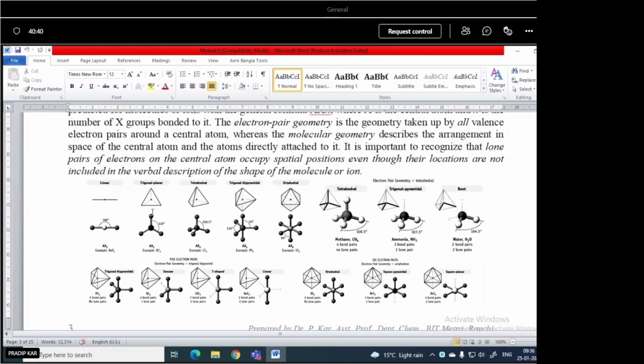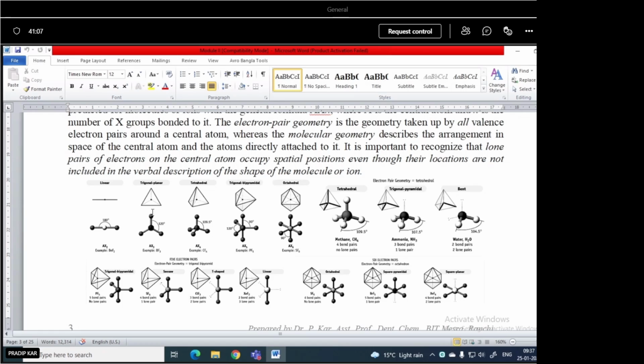So here are the examples. In case of regular structure, when a compound has a lone pair, the regular structure may be distorted. Like in case of CH4, 4 bond pairs are present, no lone pair is present, so it is tetrahedral methane.